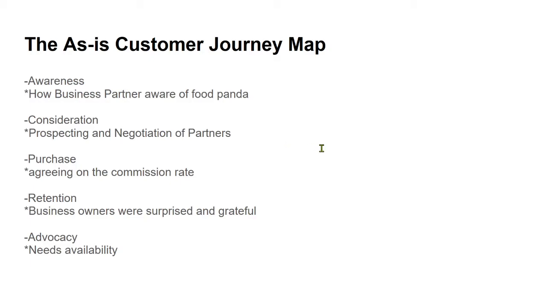When the negotiation process begins, this is where they are introduced and taught how the Food Panda application works for its partners, as well as the various functions, terms, and conditions in it. They were a little surprised and concerned about Food Panda's commission rate because it is 30%. That's when they asked for more time to decide whether to join or not.